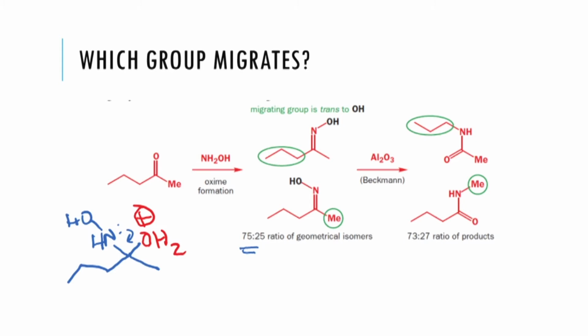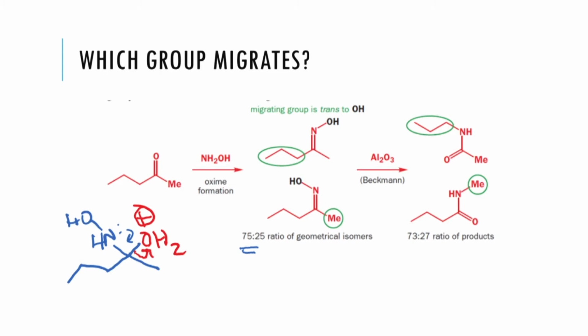So the key step here in the oxime formation is this reaction where the lone pair on nitrogen comes in and kicks out water. This occurs in a way in which the more stable product predominates. So if you see here, the ratio between these two products is 75 to 25, wherein the larger group is far away from the hydroxyl group, or trans, and the minor isomer, which is 25%, is where the methyl group is trans to the hydroxyl group.